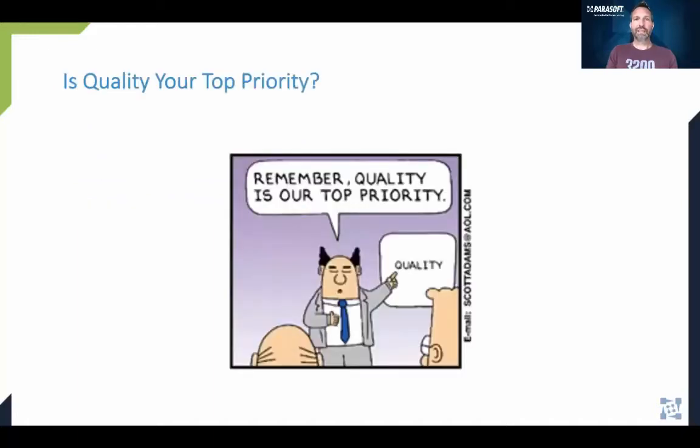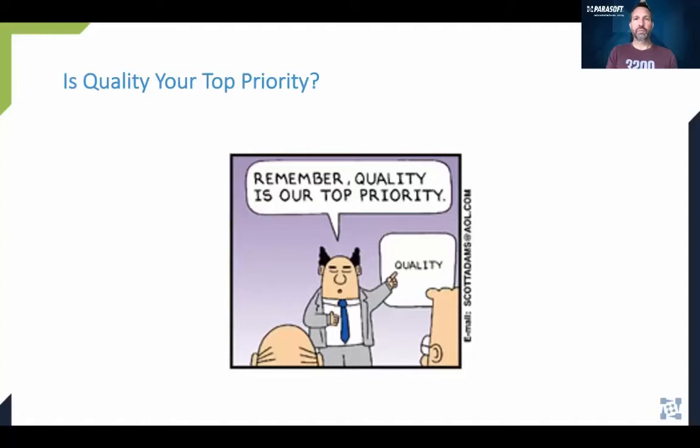Before we begin, I'm going to ask you a simple question. Is quality your top priority? This Dilbert, which came out, I think, in 2004-ish, is pretty funny. This is just the first part of that comic, which says, remember, quality is our top priority.